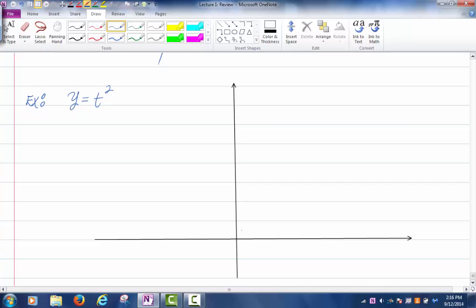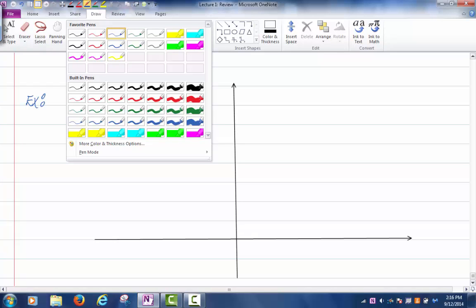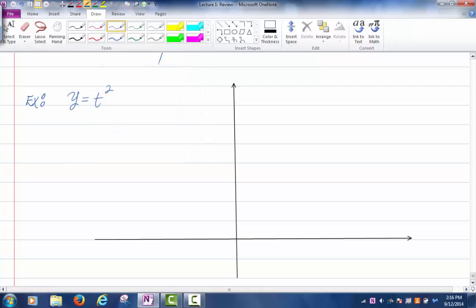Let me try to draw this. The harder part is making the other half of it.